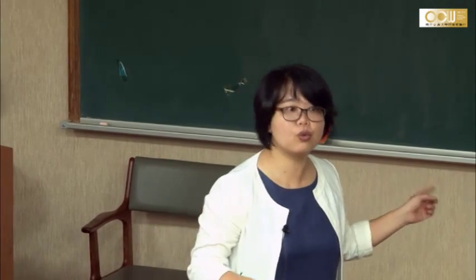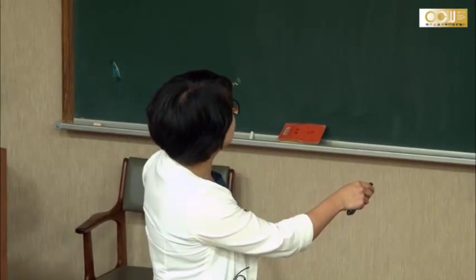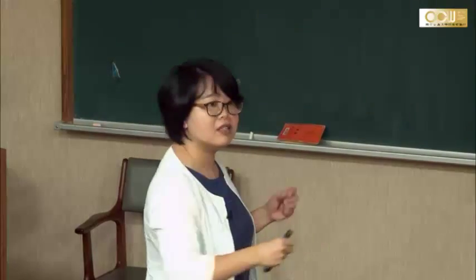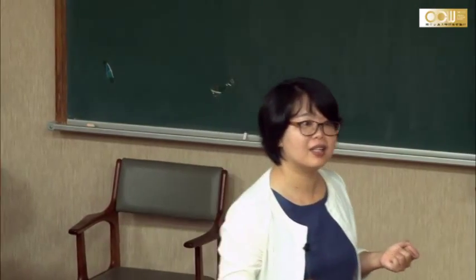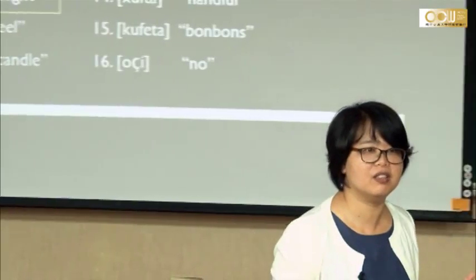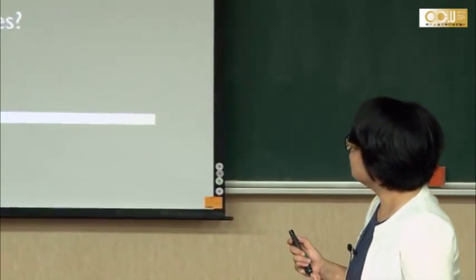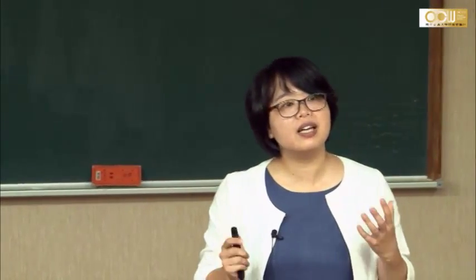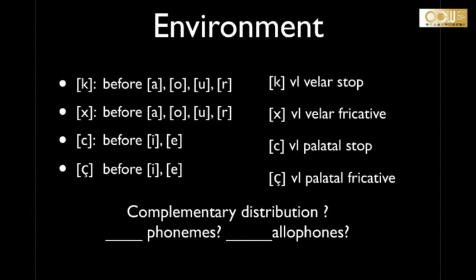根据这个，你可以说我刚刚说的这两个是 phonemes 吗？不行 because you don't have minimal pairs. So we're going to do a further investigation. 让我们继续看下去。So when this happens, all you have to do is list the environment for these sounds to happen. Right now, I'm giving you a shortcut.